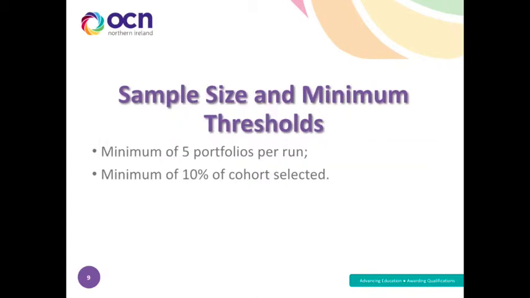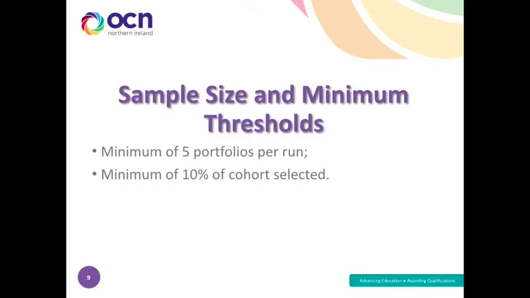So we're going to consider some aspects of the targeting of risk within your sample strategy. Now, as a minimum threshold, we would like you to sample 5 portfolios per run. This will apply obviously to cohorts of greater than 5, but a minimum of 5 per run is that minimum threshold we want.